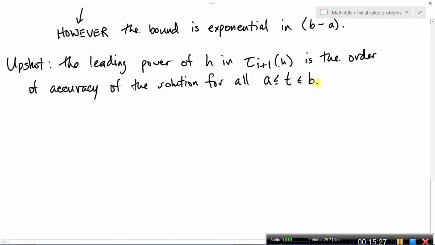And so, fortunately, that's a really good thing to know, because we can calculate the order of accuracy of the local truncation error very easily through routine Taylor series. And so we know at least the behavior as a function of h of the numerical method on the actual problem that we're trying to solve.